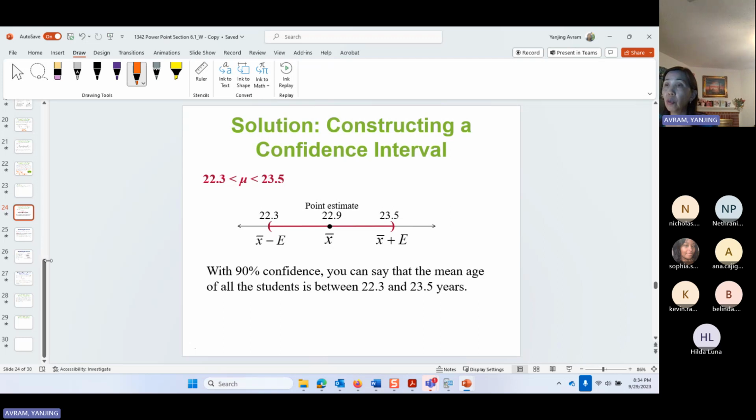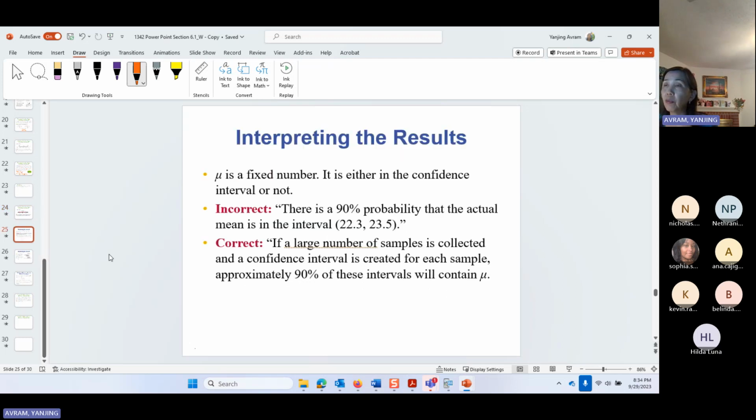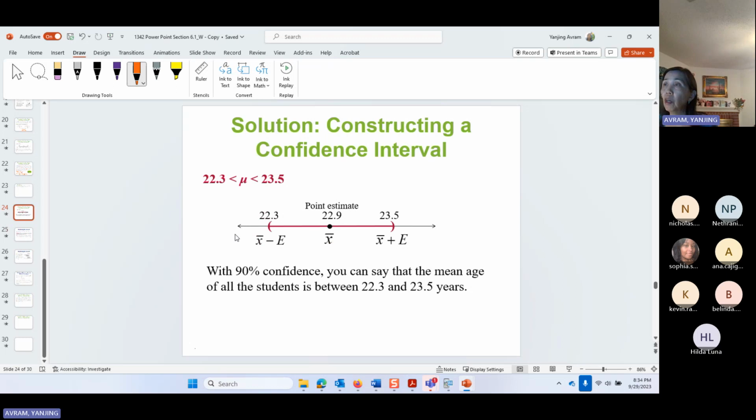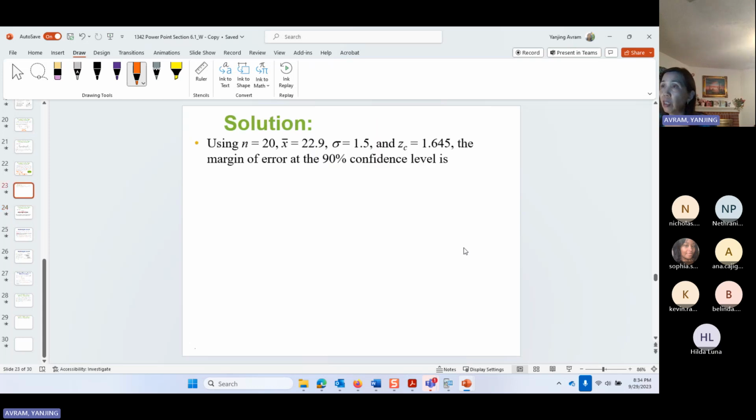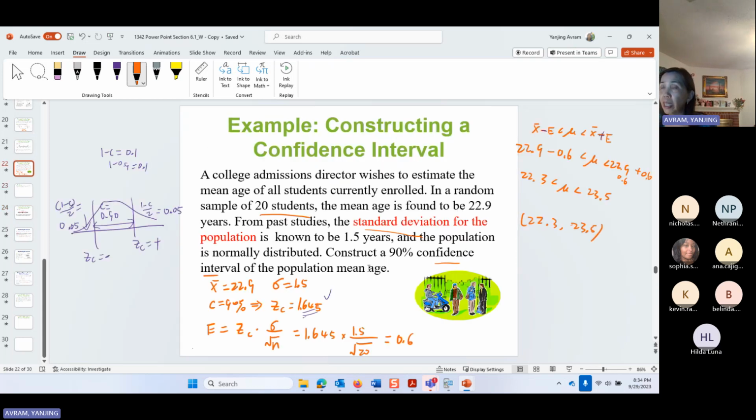So we just repeat a different thing: find a confidence interval for the population mean. The good news is that if I don't want to calculate this by hand, this entire interval can be found from the calculator. But sometimes it doesn't ask you to find the entire interval.